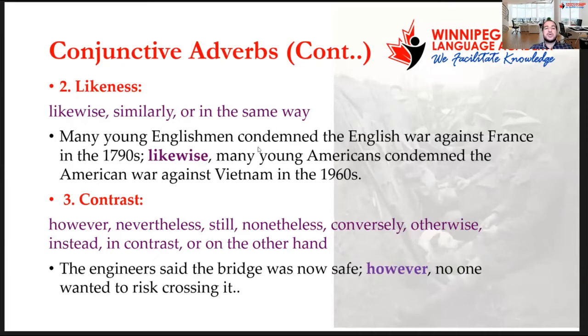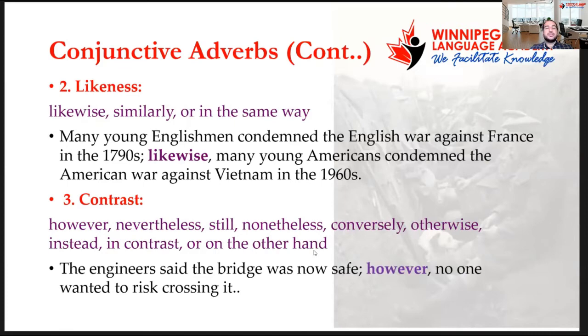So many young Englishmen condemned the English war against France in the 1790s. Likewise, many young Americans condemned the American war against Vietnam in the 1960s. Likewise. Sometimes we use it to show contrast between two ideas, with words like however, nevertheless, still, nonetheless, conversely, otherwise, instead, in contrast, or on the other hand.